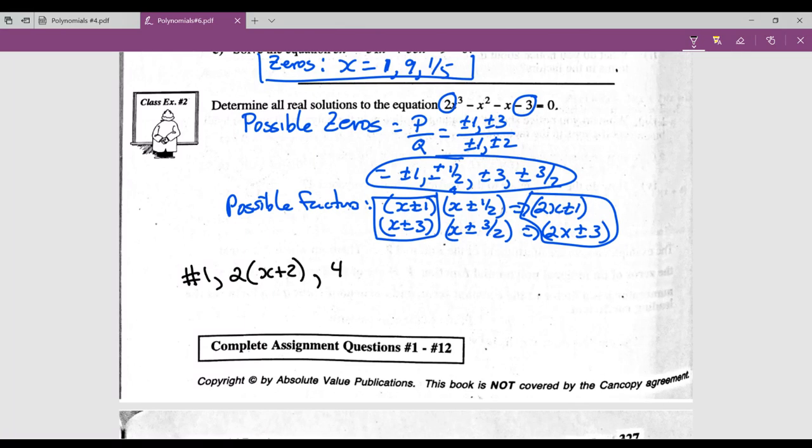Number 4, you're going to use the factor 3x plus 1. And then you're going to have to do it twice. So the second time, you use x minus 1. 5a, number 6, and 7a. 5a and 7a, you're just listing the potential factors.